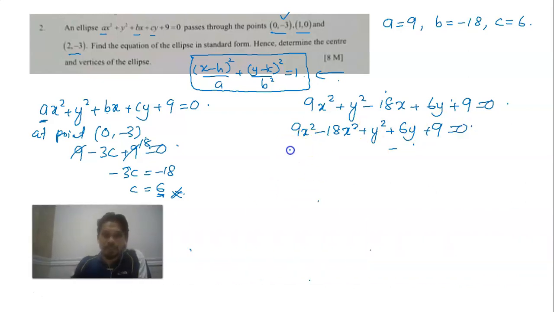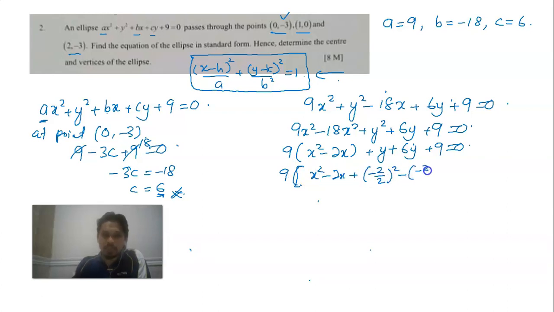So then 9 times x squared minus 2x, plus y squared plus 6y plus 9 equal to 0. So 9 times x squared minus 2x plus negative 2 over 2 squared minus negative 2 over 2 squared, plus y squared plus 6y plus 6 over 2 squared minus 6 over 2 squared plus 9 equal to 0.